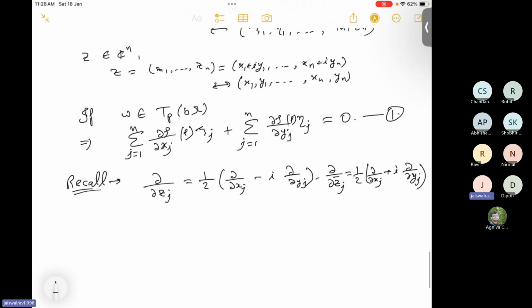I am doing a little bit of computation, but it will be worth it. From here we can see that del by del xj is del zj plus del zj bar, and del by del yj is 1 upon i times del zj bar minus del zj.